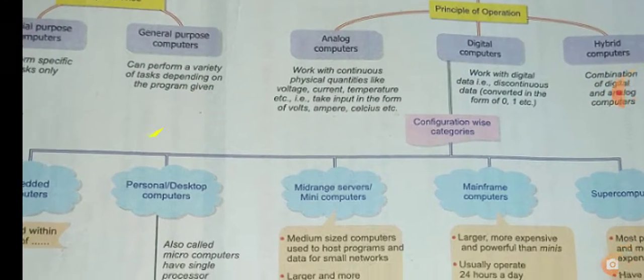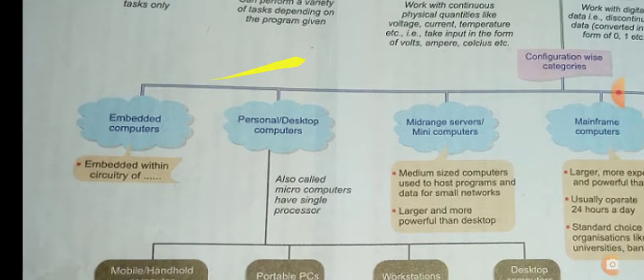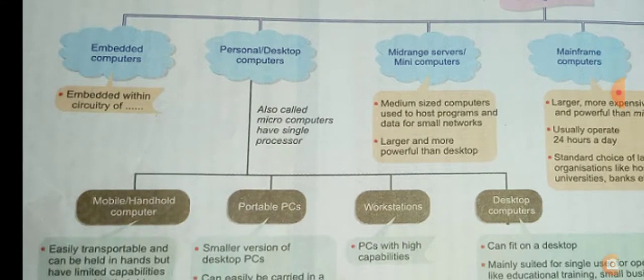Next are digital computers, again divided into five basic categories. First one is embedded computer, used in home appliances such as a washing machine or a television set. Second is personal or desktop computer, again classified into four basic categories. First of all, mobile or handheld computers. These are the smallest in size.